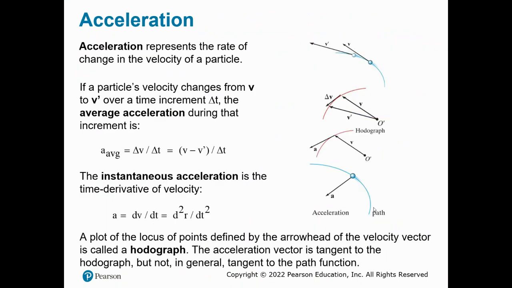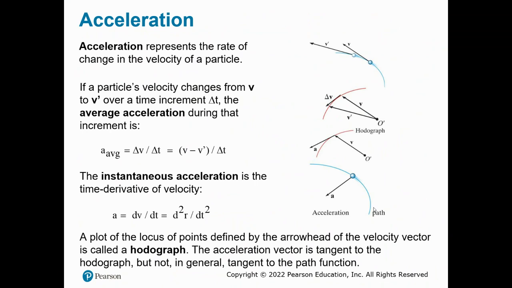Acceleration represents the rate of change in velocity, in other words, how fast the velocity changes. It's the change of velocity over a period of time. Average acceleration is the change of velocity divided by the change of time, so over this period of time, how much the velocity changes. Instantaneous acceleration, similar to instantaneous velocity on the previous slide, is the time derivative of the velocity.